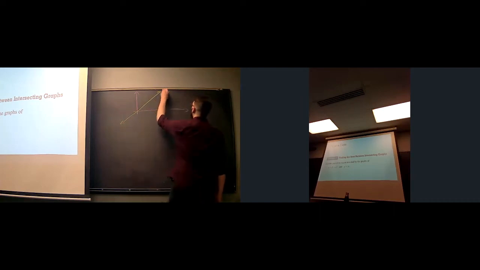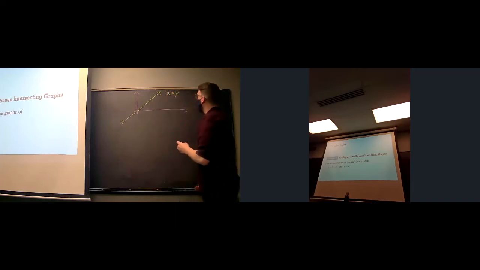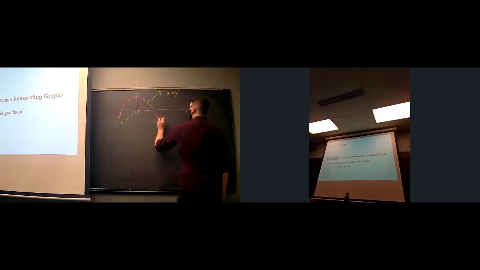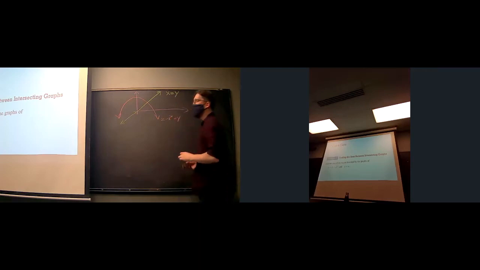All right, so this is the line, x is equal to y. And this is 2 minus x squared is equal to y. We want to find the area bounded by these two functions.